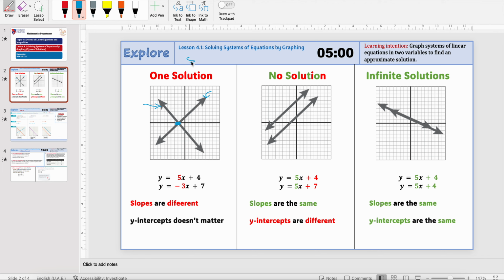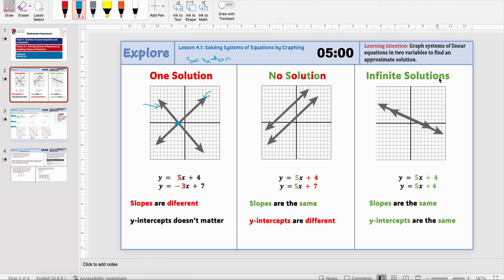So a solution in a system of equations means an intersection point, a point where they meet, a point that is valid for both lines, for both equations, that makes it true for both. The no solution case, we also said, is two parallel lines. They're not going to intersect, therefore there is no solution between them.